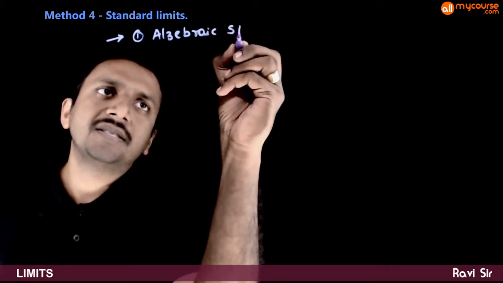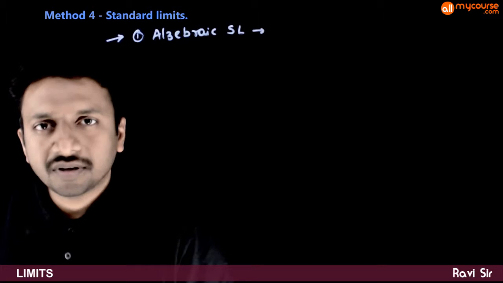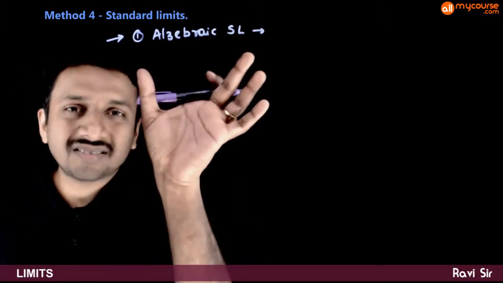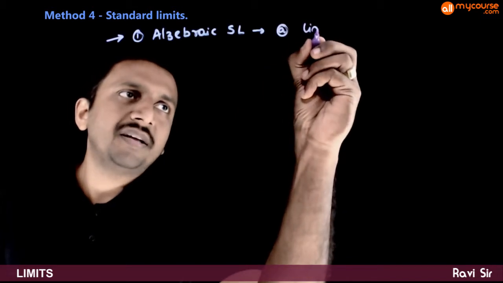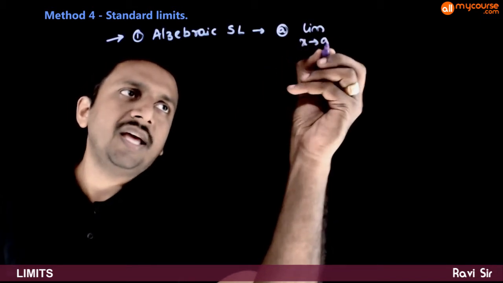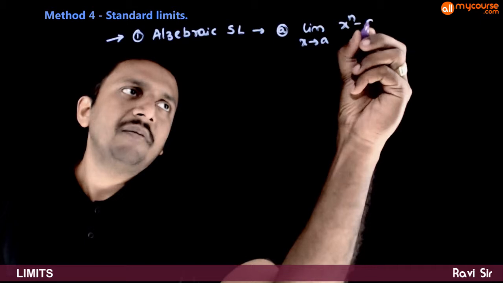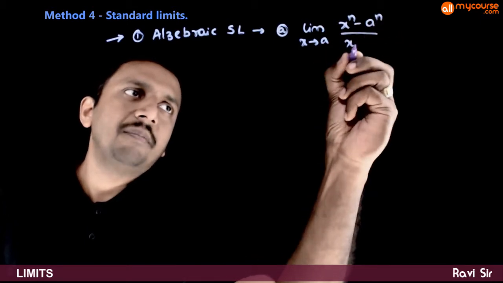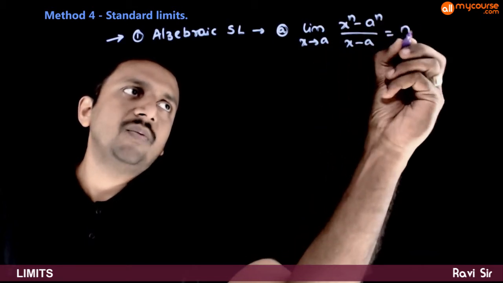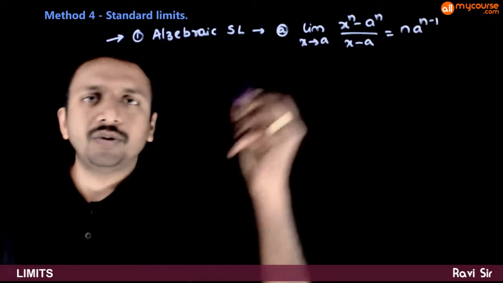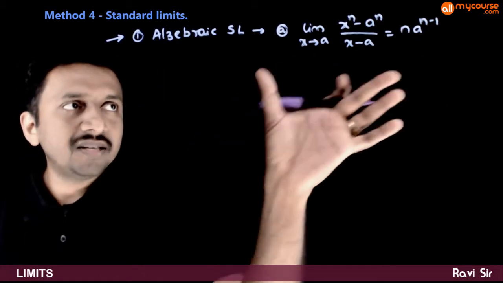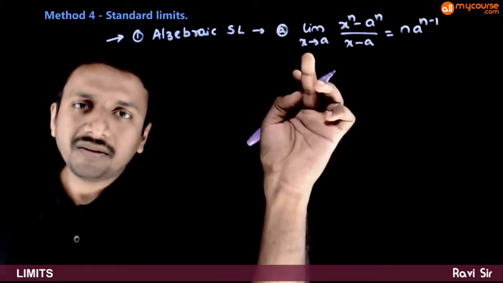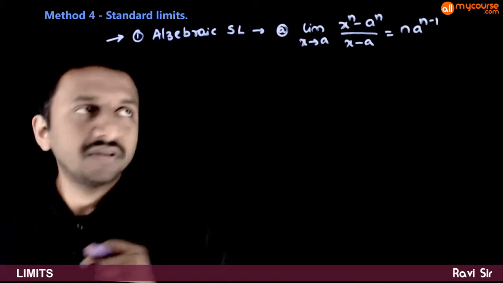Algebraic standard limits. Within this subheading, you have the formula limit x tends to a, x power n minus a power n by x minus a, is equal to n times a to the power n minus 1. So this is the first standard formula in limits.